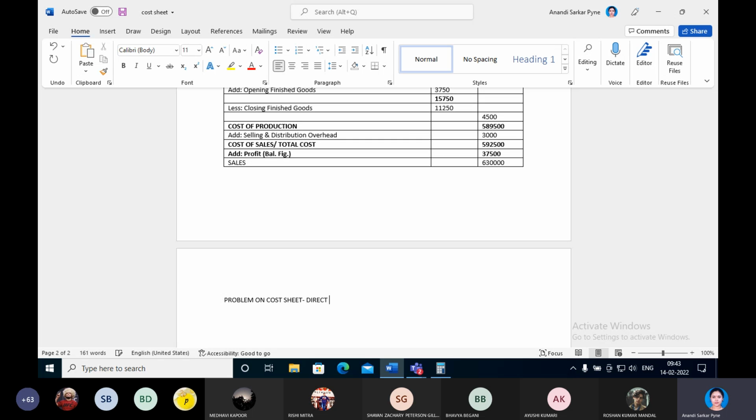You have to find out direct labor cost. So the general heading: from the following data, prepare a cost sheet.